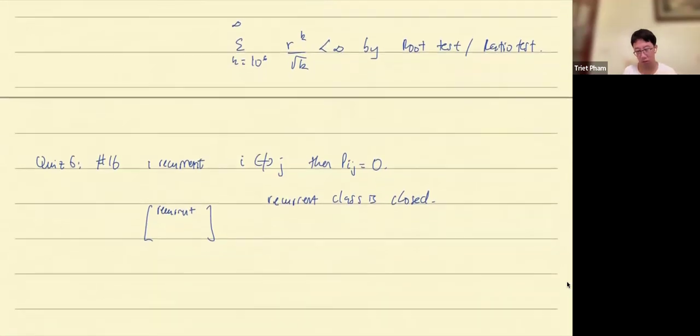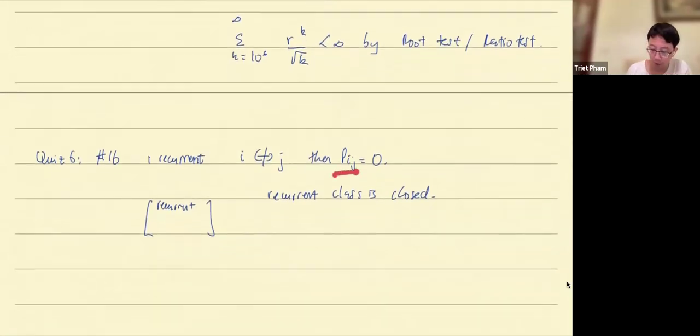Well, a way to prove this is to prove the contrapositive. So we keep the recurrent as the working hypothesis. We won't negate that. But we want to show what? If you can go from i to j, and i is recurrent, what does that mean?